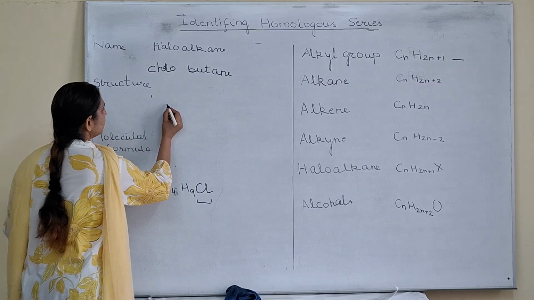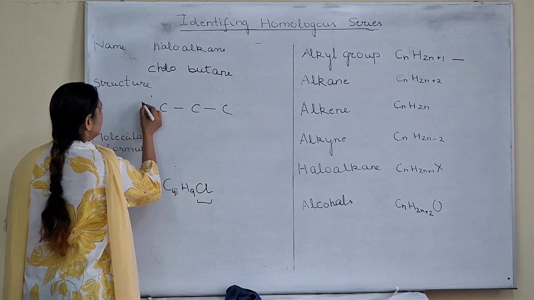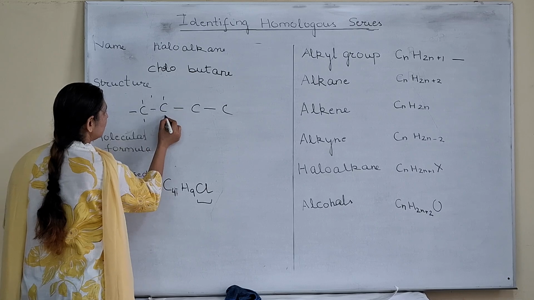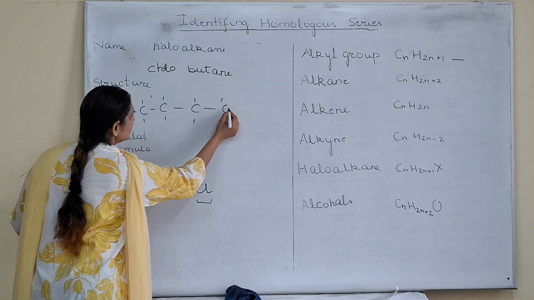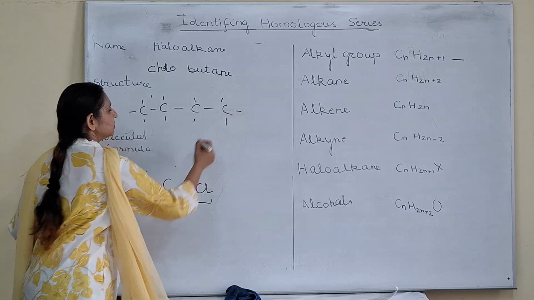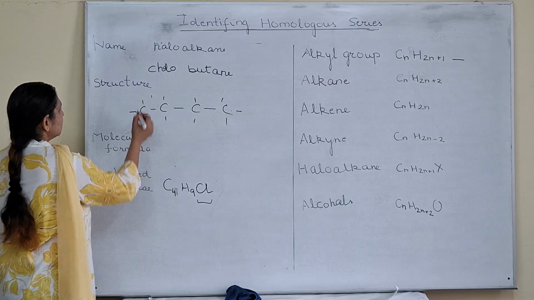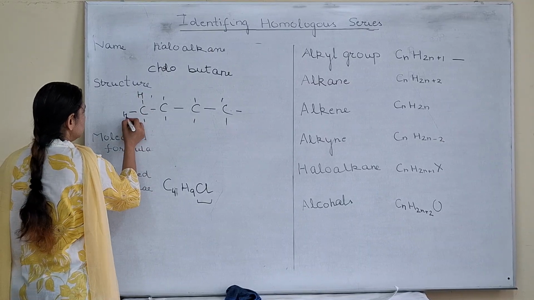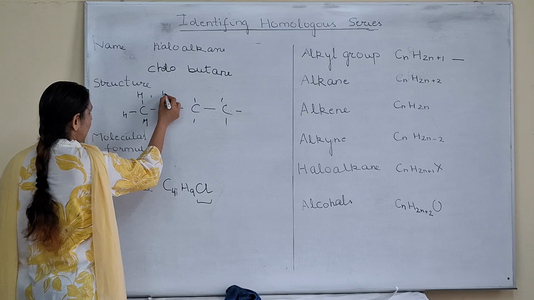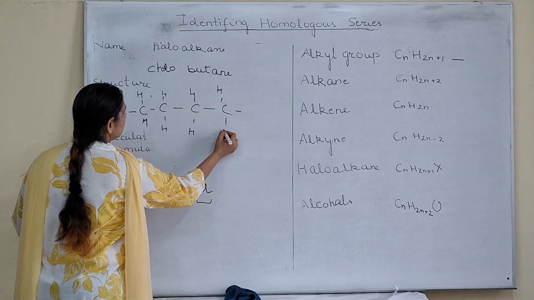We have 4 carbon atoms. First make all of them, then complete their valency. Okay, here also. Now how many hydrogens do we need? 9. So let's count 1, 2, 3, 4, 5, 6, 7, 8, 9.